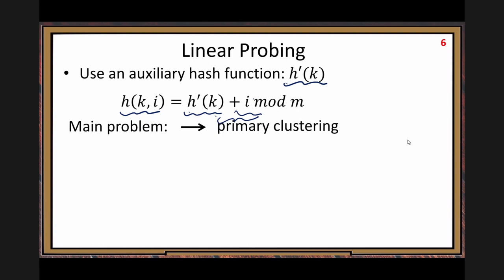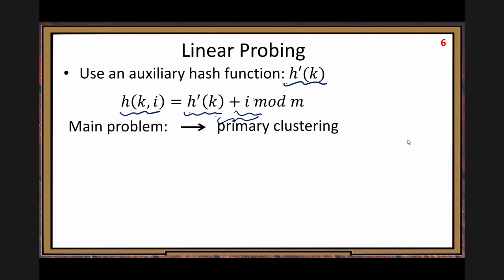There is a cluster of slots that are all occupied. If you want to get the next available slot, you have to pass this whole cluster.